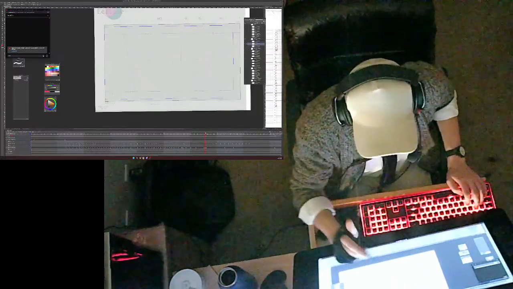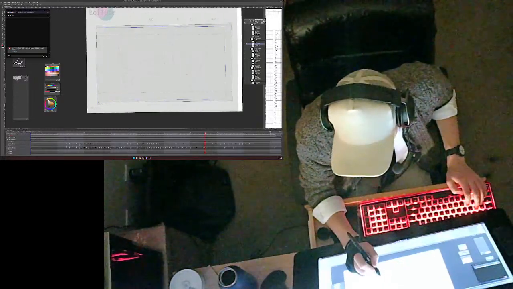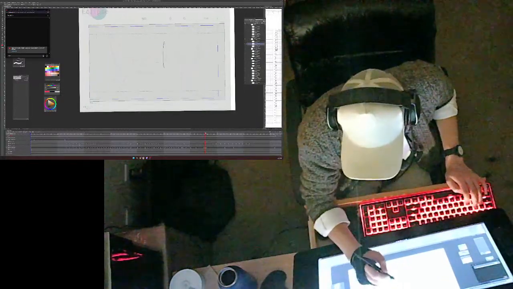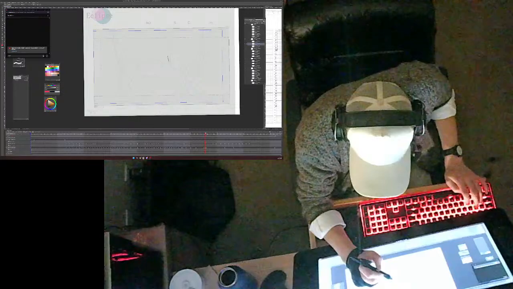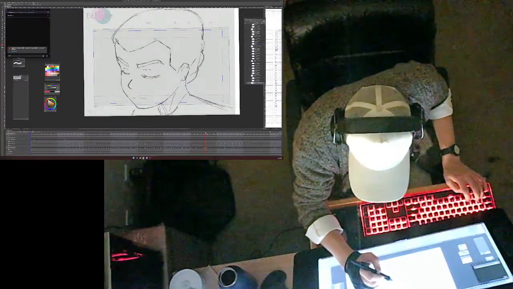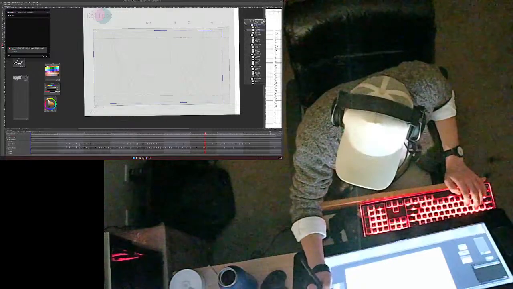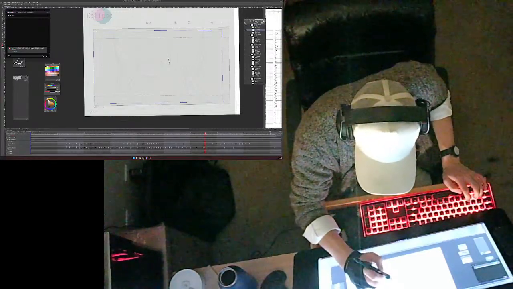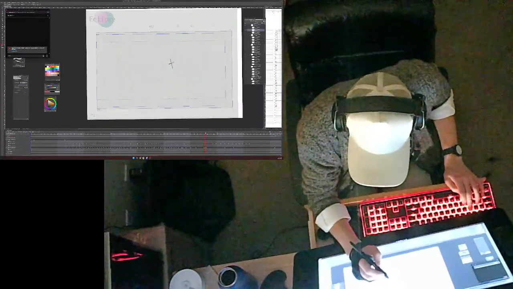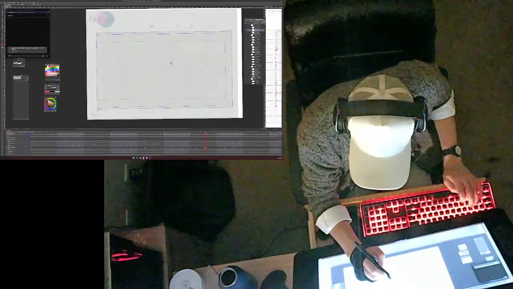I guess the camera's that way. This should be an easier in-between to make because it's less of a gap. So I can just grab points.